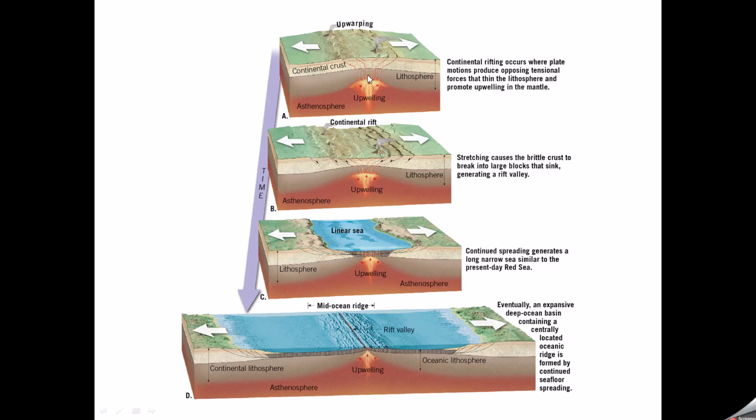As magma upwells, it will heat up the area and create domes. It's called upwarping, and it creates a lot of fractures. As the magma comes through and pushes both sides away, that will widen the area, and this dome will collapse down due to the widening.